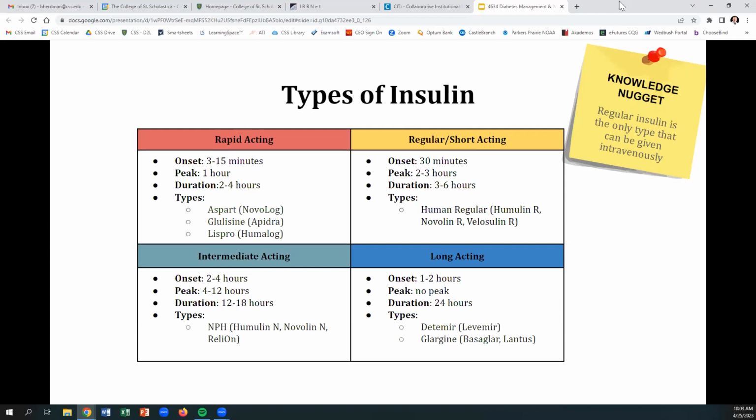And when you go into your insulin administration activity in lab, you will learn about this, and you will also learn how to mix this insulin with regular insulin so that it maximizes or can extend the onset, peak, and duration of either the regular insulin, or it can also act to, in a way, decrease the onset, peak, and duration of the intermediate acting insulin.